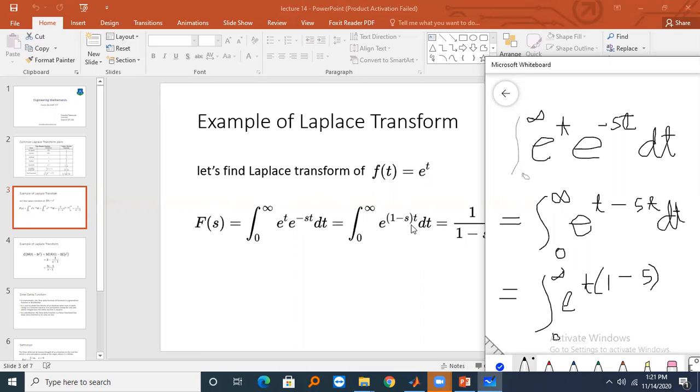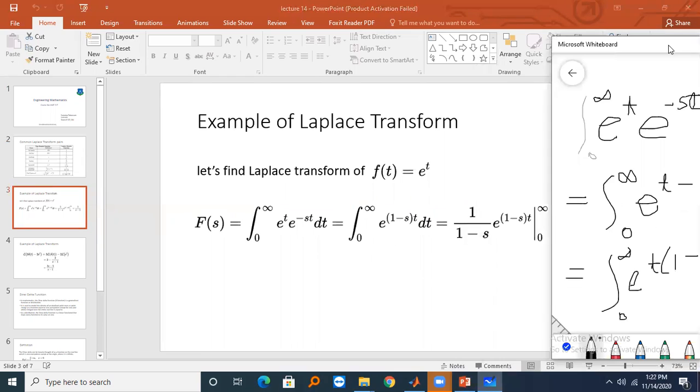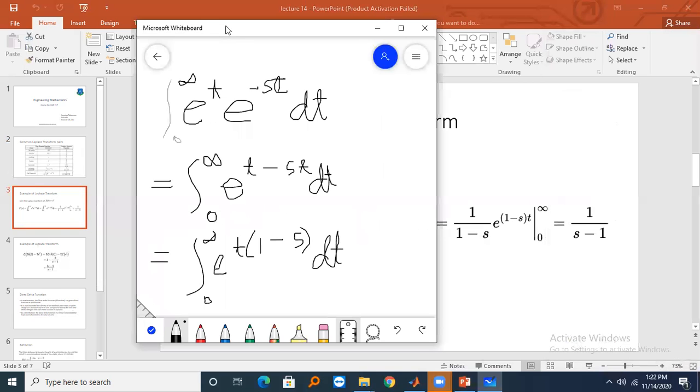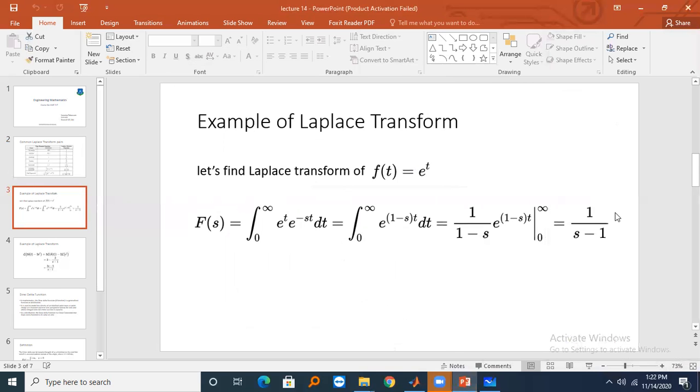So here, this is e to the power (1 minus s) times t. We have got this. So now, if we do the integration, we will get 1 by (1 minus s) e to the power (1 minus s) times t. And after putting the limits, we can get 1 by (s minus 1).